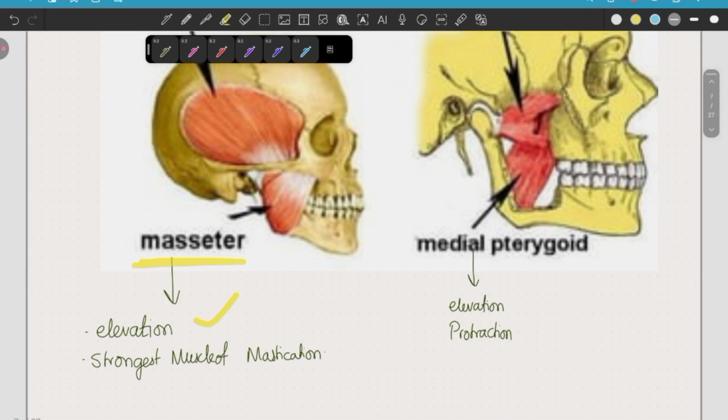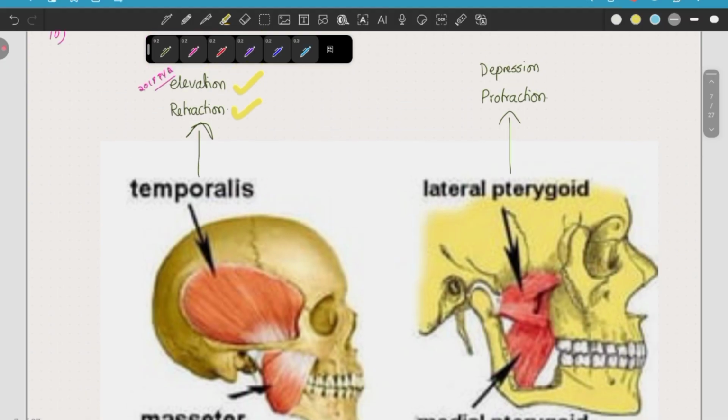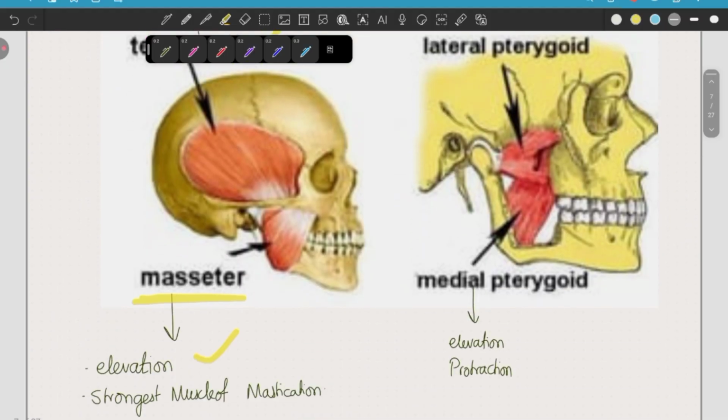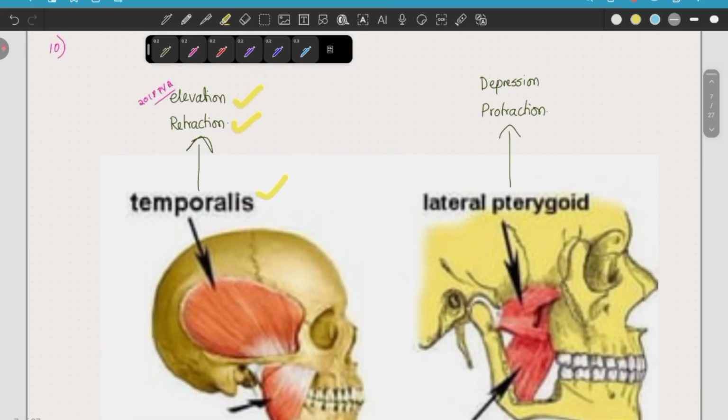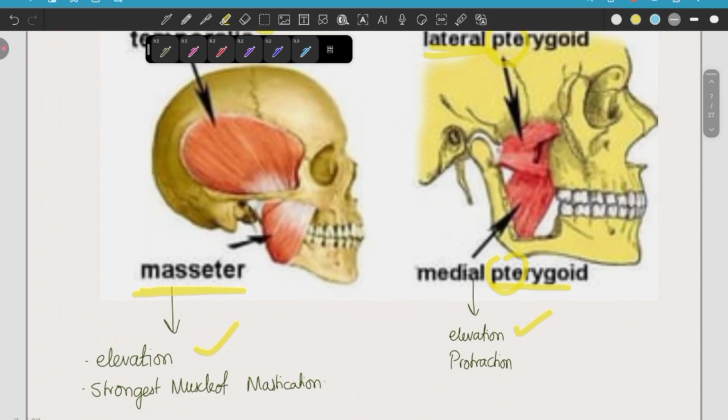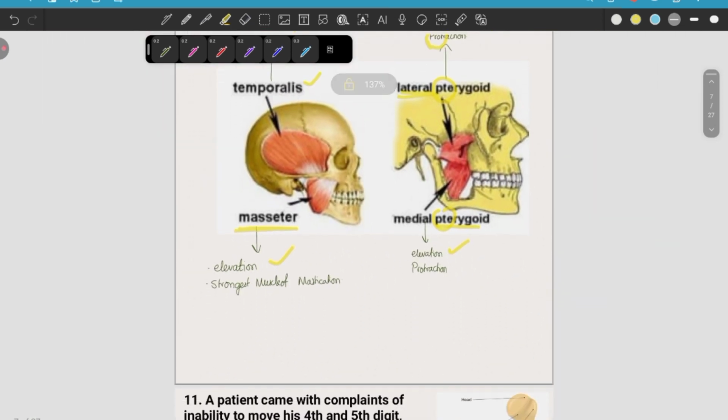It is for elevation. All muscles, temporalis and masseter and medial pterygoid, are for elevation, whereas only lateral pterygoid is for depression, that is for the opening of the mouth. Whereas pterygoid is T for T, protraction. Both the pterygoids are for protraction. This you can remember. Okay.